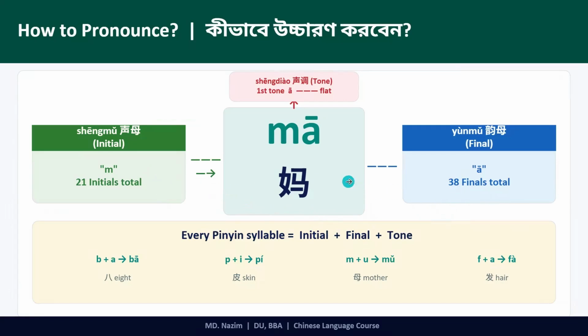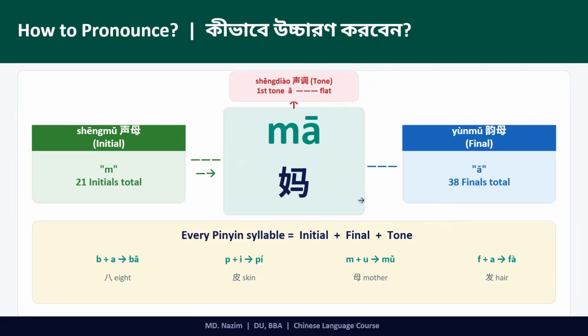Here is the final, and the line above the letter A represents the tone. This is a tone mark, a first tone mark. So combined, it will be ma, ma. That means mother in English.